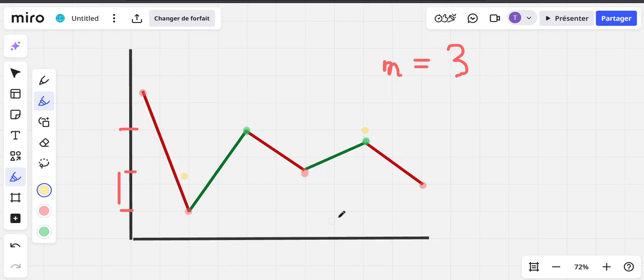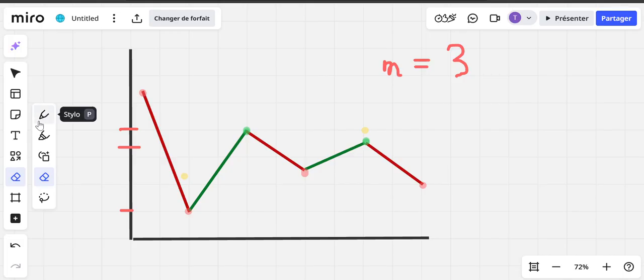Same question: is the price at the left index smaller than the price at the right index? Yes, it is. So we're going to check what profit we're making on this day. It's getting a little bit messy here, so I just want to remove a couple of lines. Great.